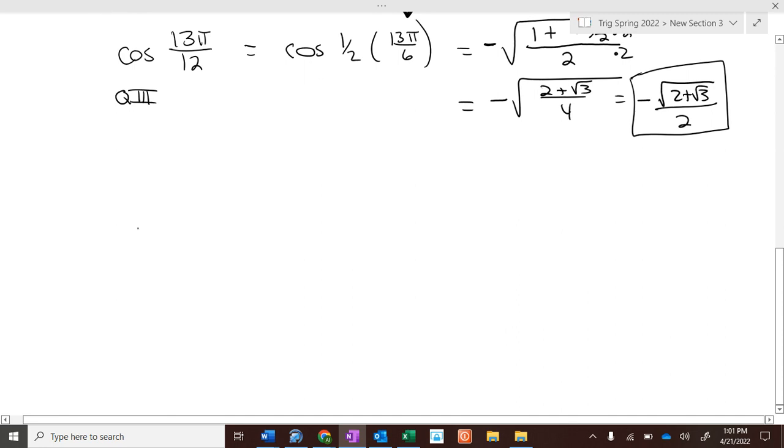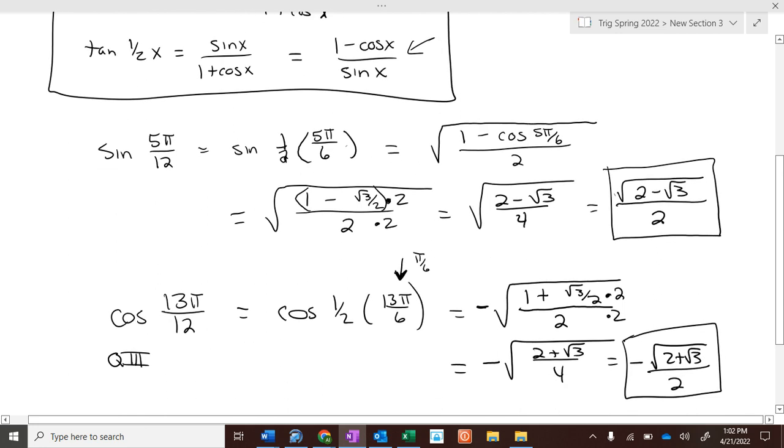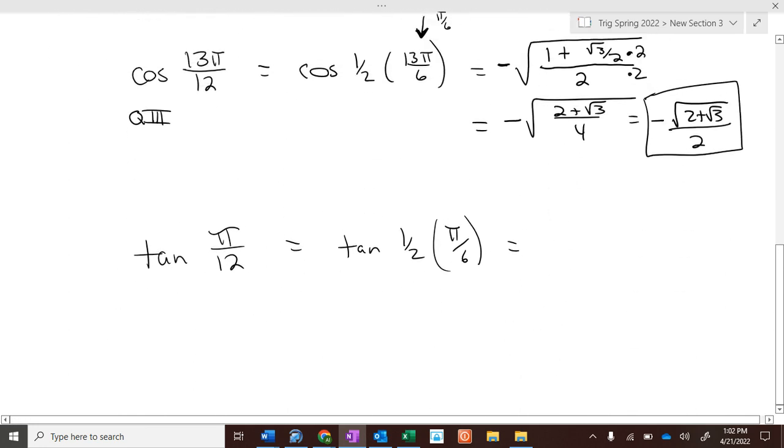Let's do a tangent one. Tangent of pi over 12 equals the tangent of 1/2 of pi over 6, which equals, if we go up to the tangent ones, I like this last one the best. 1 minus the cosine over the sine.